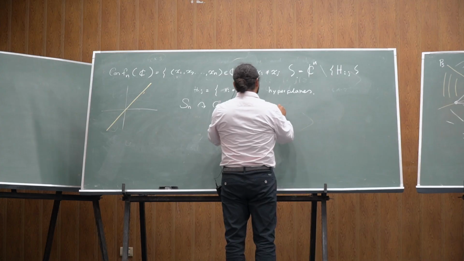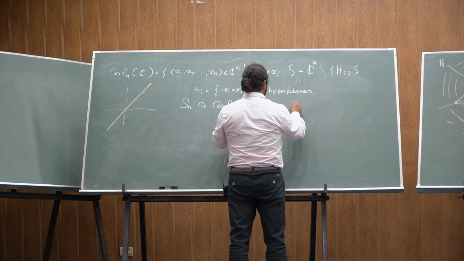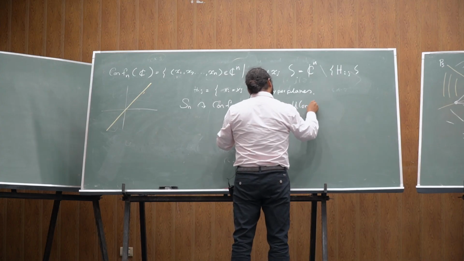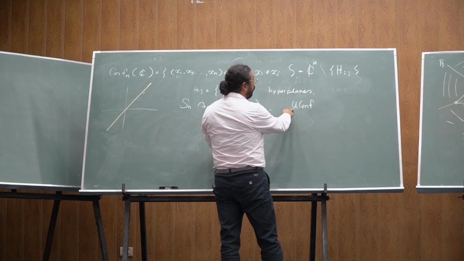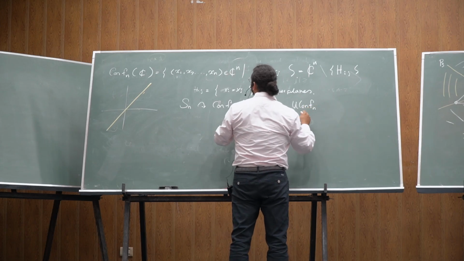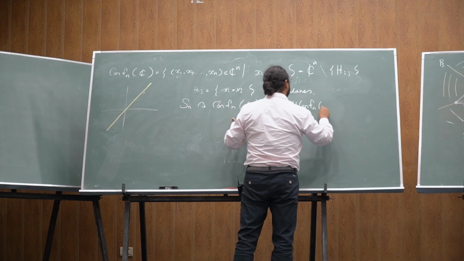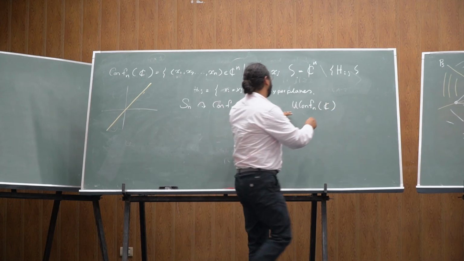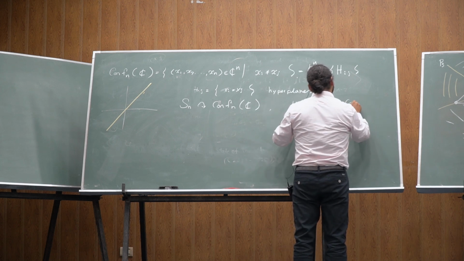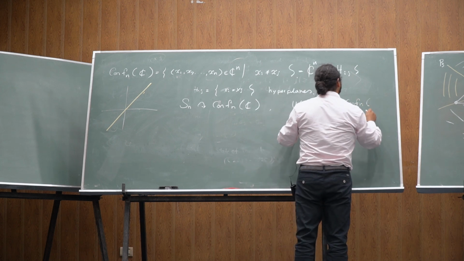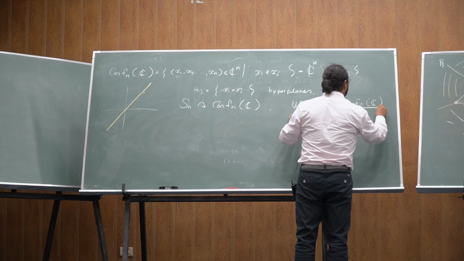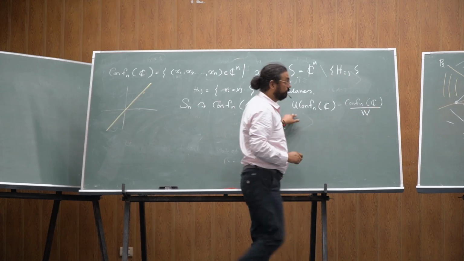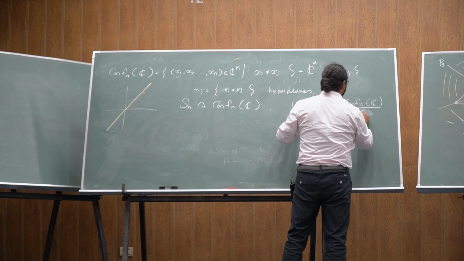So the space of orbits, I will put it like this, the unordered configuration space, this is the ordered configuration space on C, will be the space of orbits, right? Like the configuration space quotient by the action of Sn.